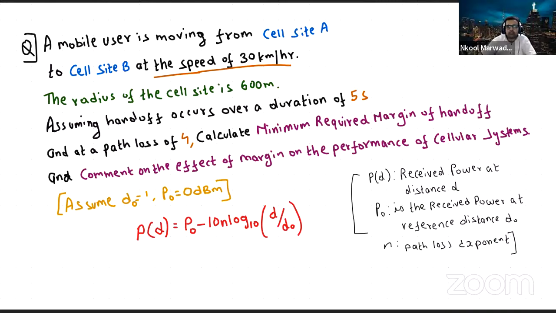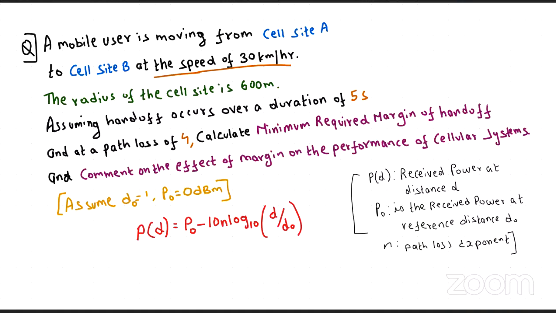Now, from the speed which is given and the handoff duration, can we calculate the distance traveled during the handoff? For handoff, it took 5 seconds.